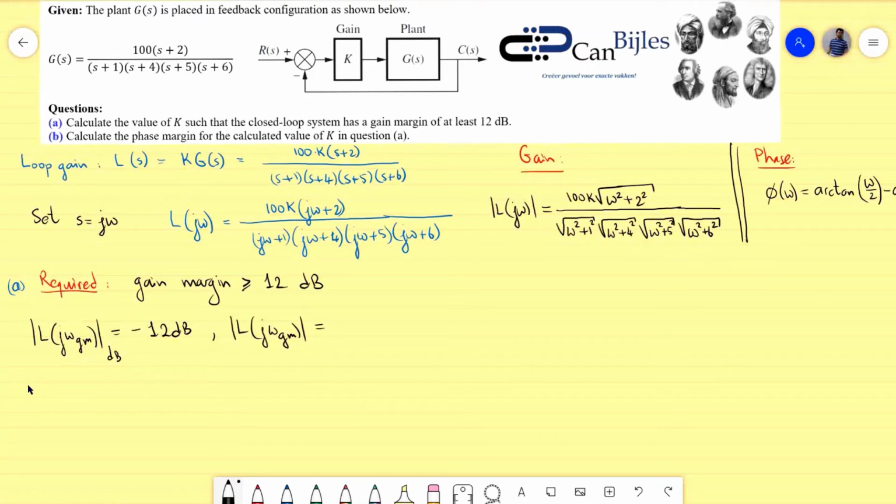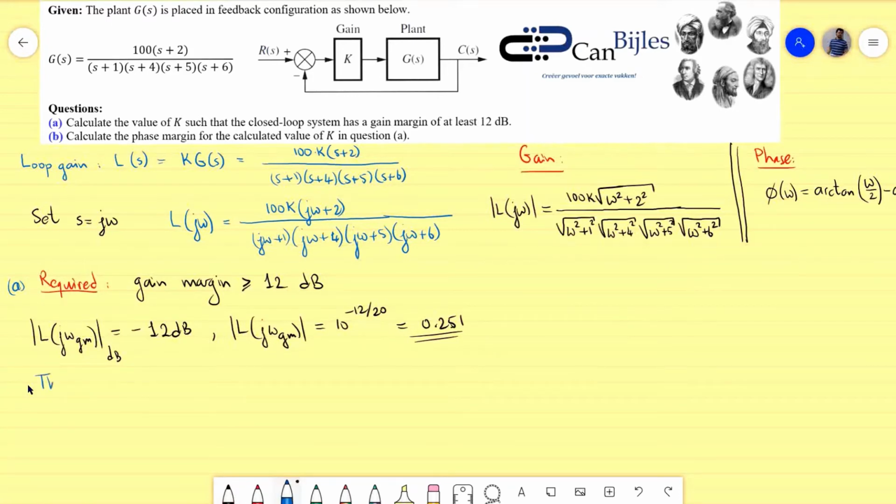So it will be 10 to the power minus 12 divided by 20, and this is very close to 0.251.